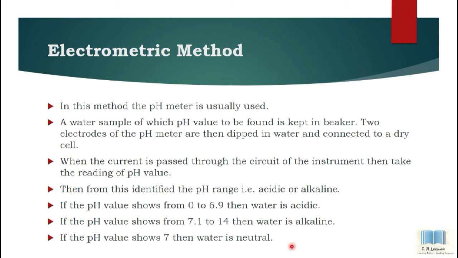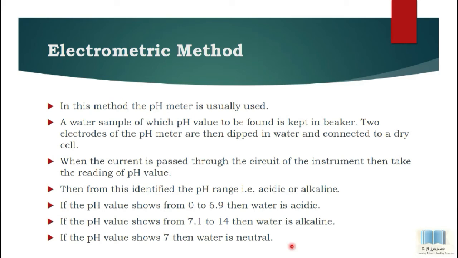In this method, a digital pH meter is used. In this, the buffer solution is used. The buffer solutions of pH 4 and pH 9.2 are used to standardize the pH meter. From this, we can easily identify the range.